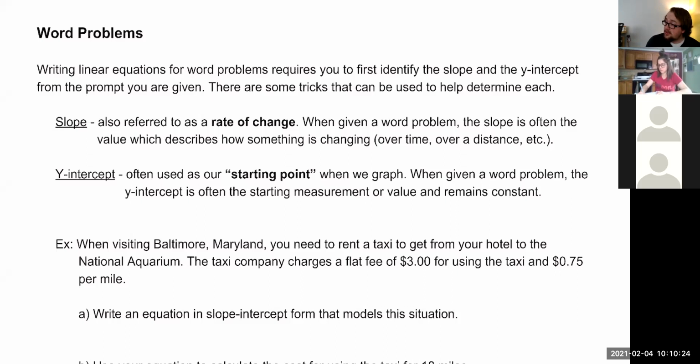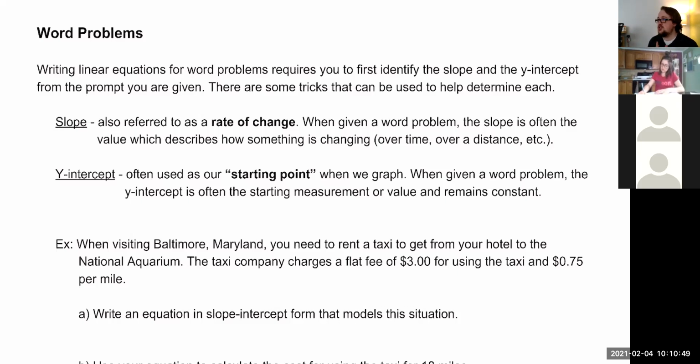The y-intercept, on the other hand, if you think about when we were using it to graph, it really kind of served as our starting point. Once we got that y-intercept on there, it didn't move, it didn't change, it was what it was. So in a word problem, because of the consistency, because of how constant it remains, the y-intercept often remains constant itself.